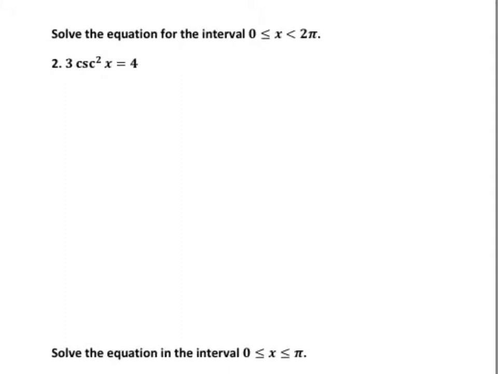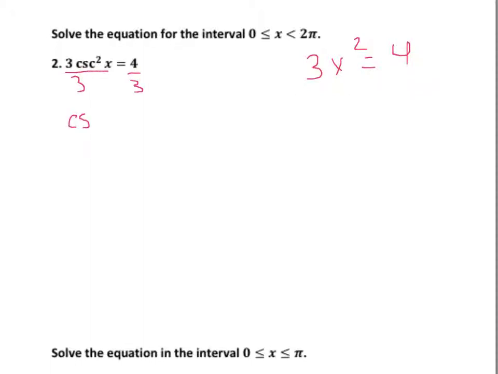So let's take a look at one that's more specific. It says, solve the equation for the interval between 0 and 2 pi. Cosecant squared. Okay? So again, think about this like 3x squared equals 4. What would you do? Divide by 3.